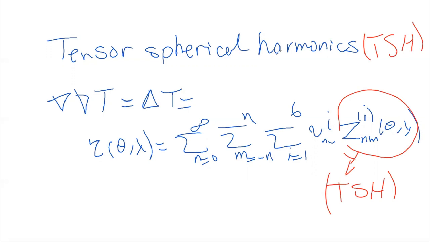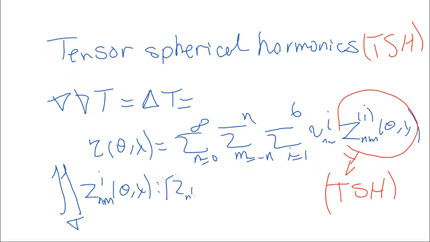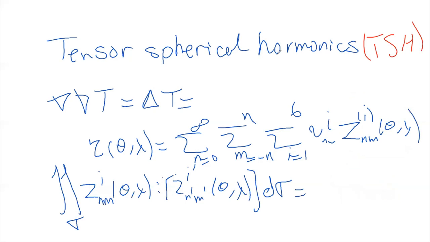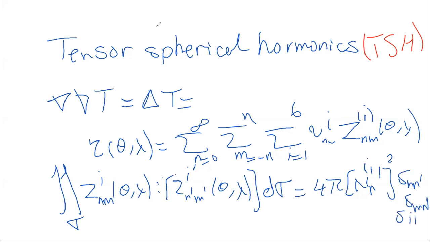And tensor spherical harmonics have this orthogonality property. If we have this integral, zeta n m i of theta and lambda, double dot product, zeta n prime m prime i prime of theta and lambda, d sigma, it will be 4 pi times n, and I will explain this n later, with delta n n prime, delta m m prime, delta i i prime.